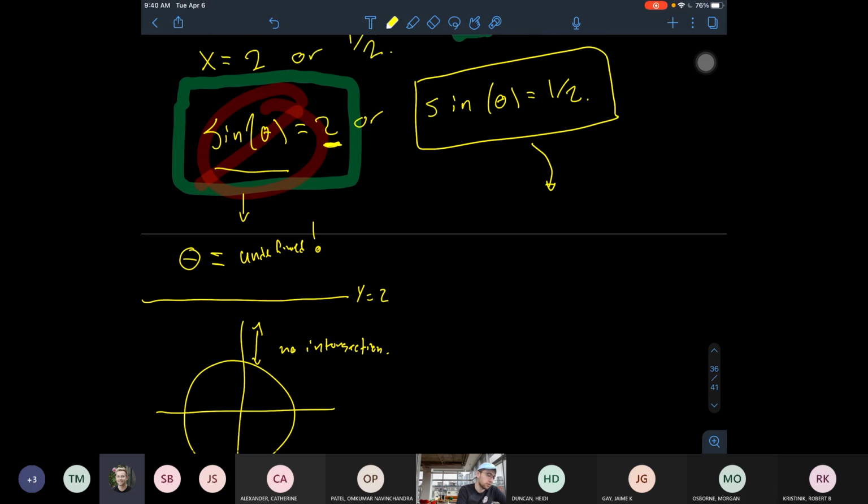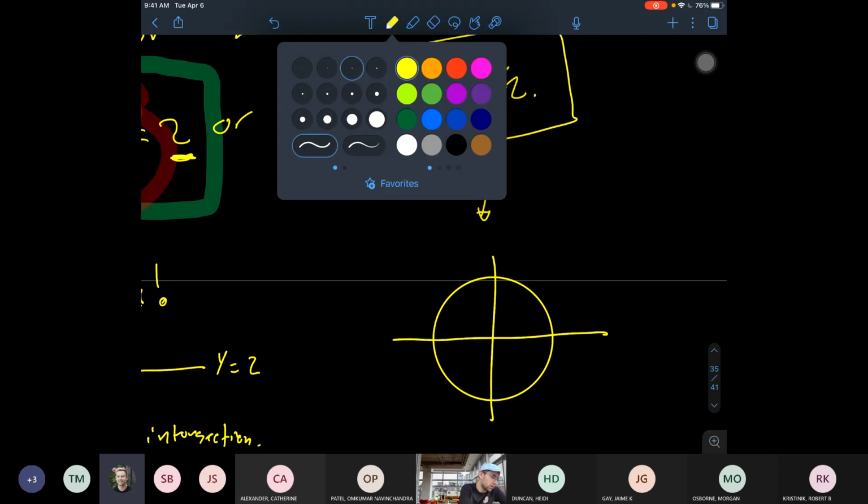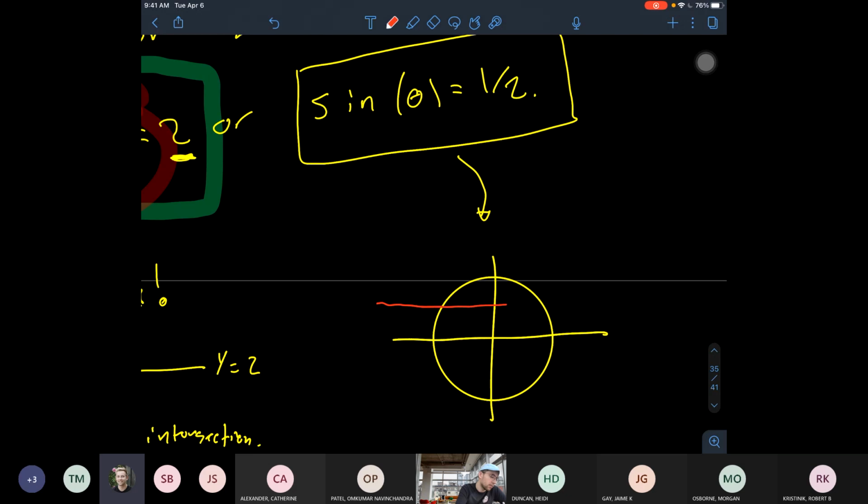Sine of theta is equal to 1/2. Well, if sine of theta is equal to 1/2, we can draw the unit circle. We should have that the y value of the point which theta points at should be 1/2. So we draw in the line y equals 1/2.